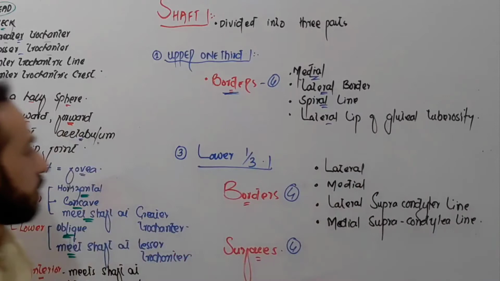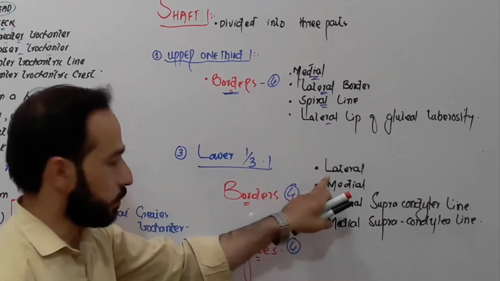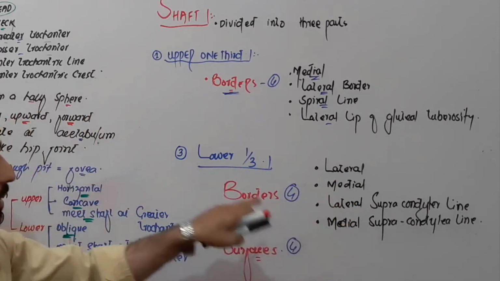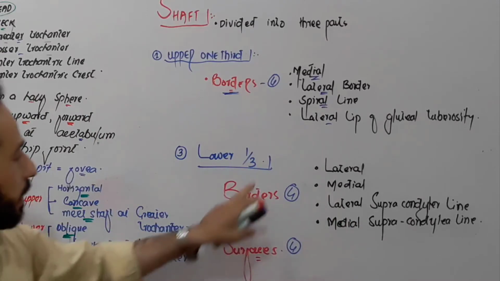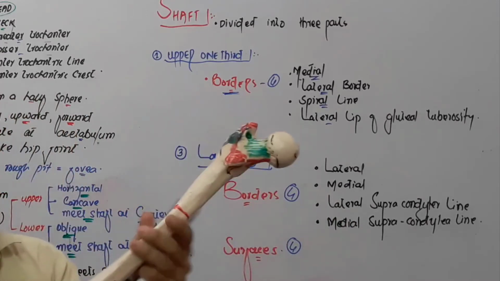So these are the four borders. You just write it down here. This is the theory. Then we will apply this theory on this bone in the next video.